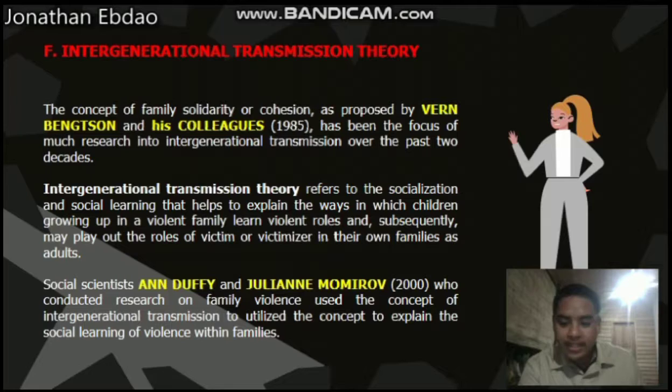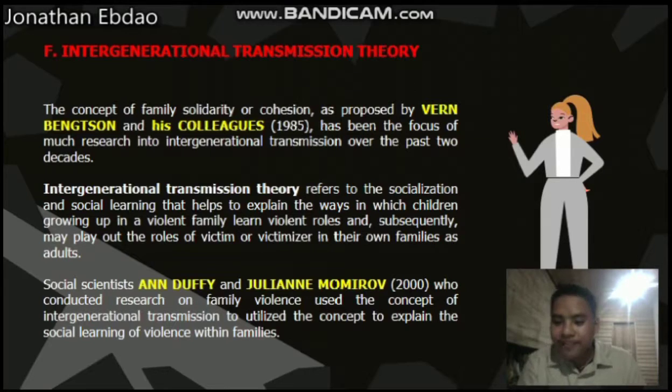The next one is the intergenerational transmission theory. The concept of family solidarity or cohesion as proposed by Bengtson and his colleagues has been the focus of much research into intergenerational transmission over the past decades.